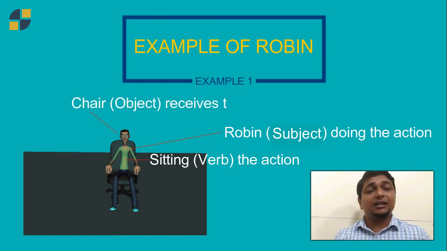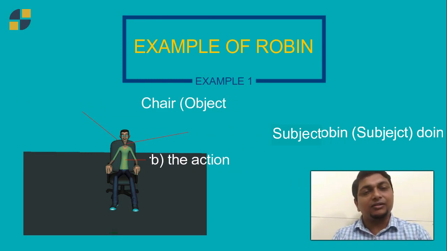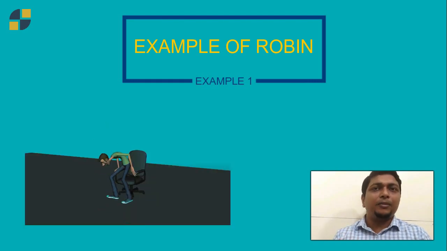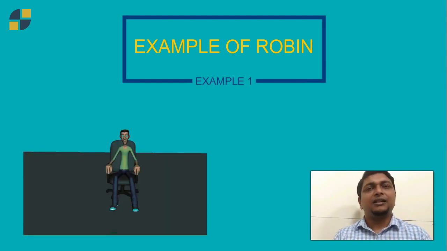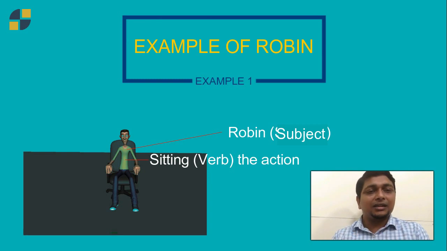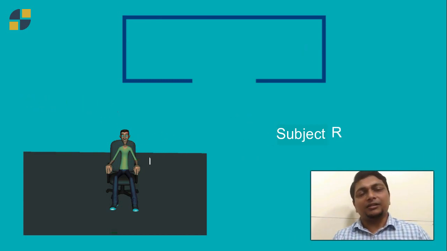The chair in this context is the object which is receiving the action from the subject Robin. So we find Robin is sitting on the chair. In this sentence, Robin is the subject, sitting is the action word, and chair is the object.